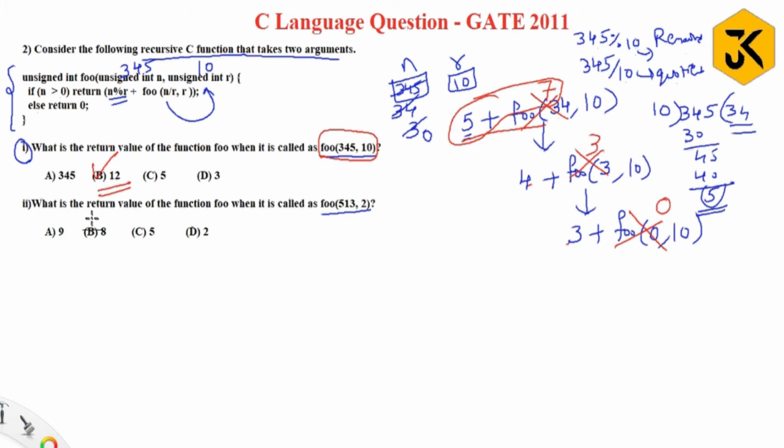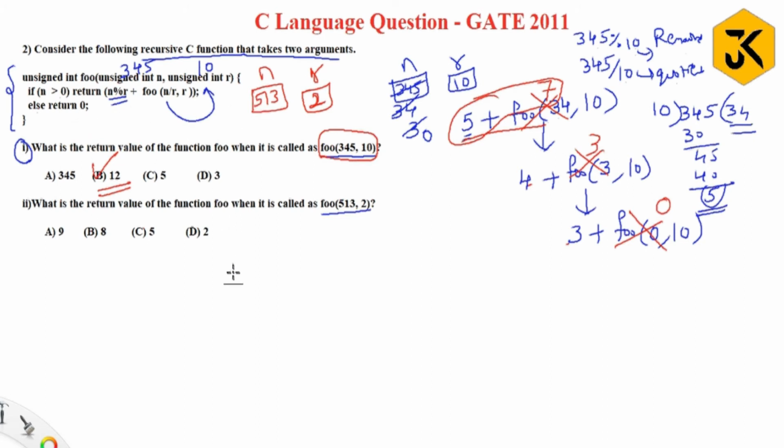And let us take the second one. What is the return value of the function foo when it is called as foo(513, 2)? It is similar. So now n value will be 513, r value will be 2. Here so many of you will make mistakes. Few people will take some time to calculate this one. Is n value greater than 0?